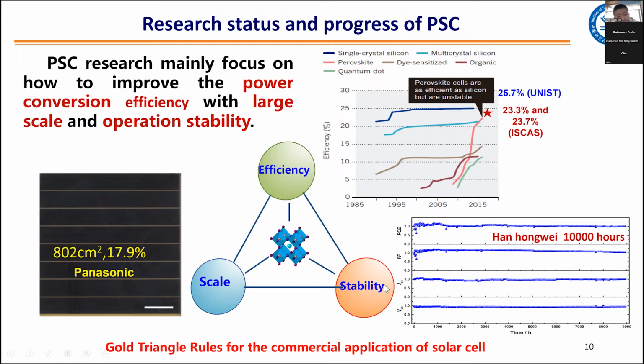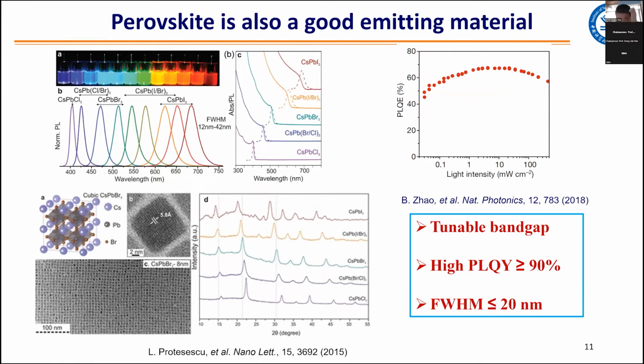Anyway, perovskite is also a good emitting material. For solar cells, we need large crystals with no grain boundaries, and also to increase the charge diffusion length to make sure that when charges are induced, they can separate very efficiently.